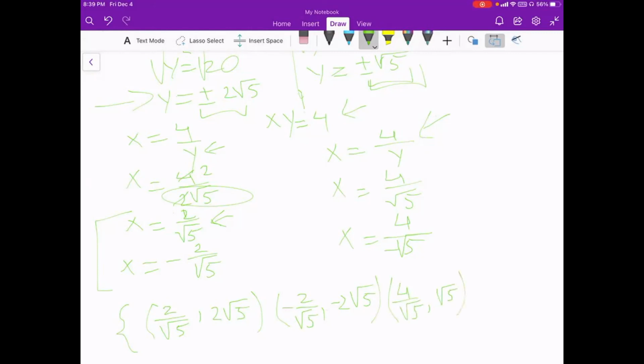And obviously the other x value that I got when I plugged in negative radical 5 was 4 over negative radical 5. Bingo, as complex as it looks. You got 4 solution sets, so 2 pairs of x values and 2 pairs of y values. So that's that.